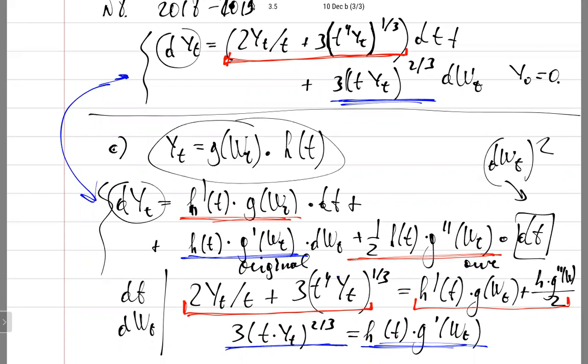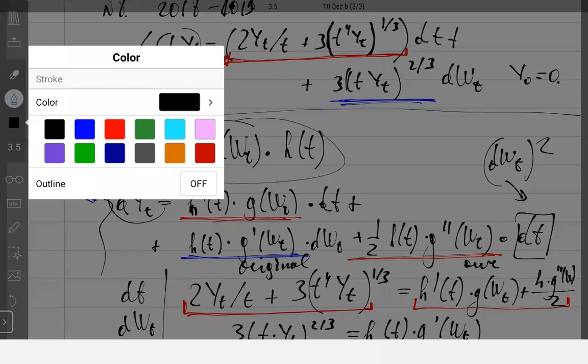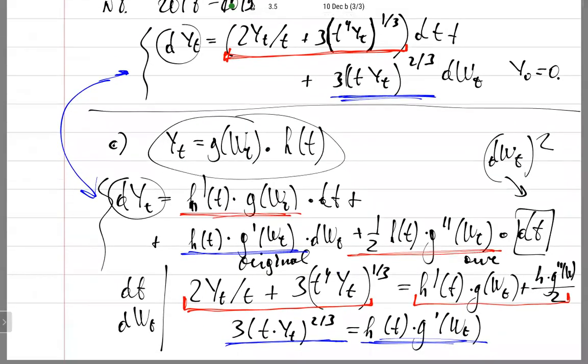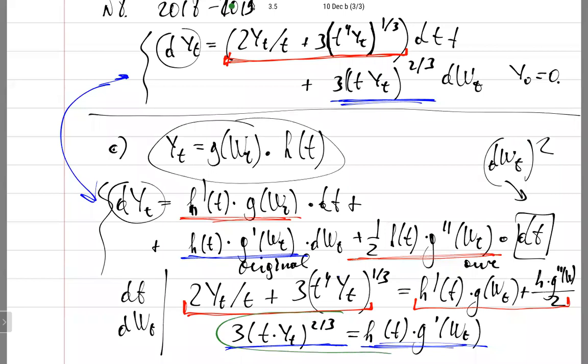Now we need to try to solve. So let's look at the second equation because it's much simpler.